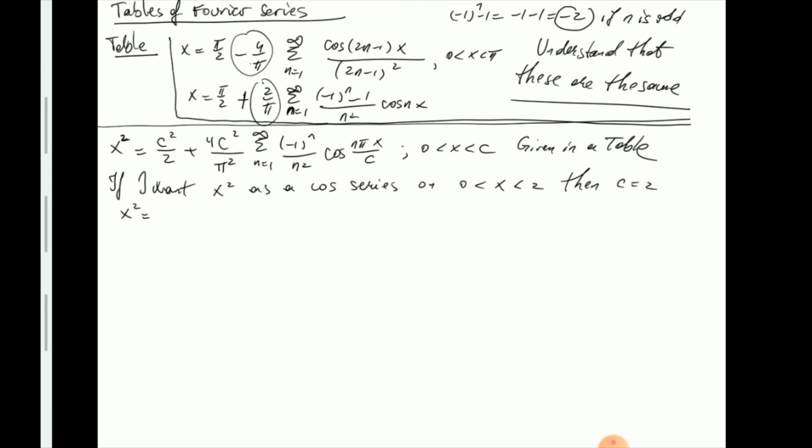So c equals 2, so that's 2 squared over 3, plus 4 times 2 squared over pi squared, and cosine of n pi x over 2. And if you want, you can do some simplifications. 4 over 2 is 2, the first term. Then it's going to be 16 over pi squared.